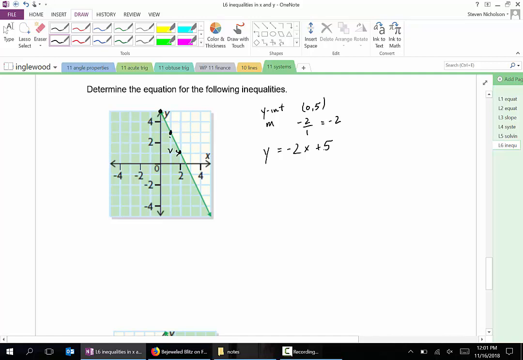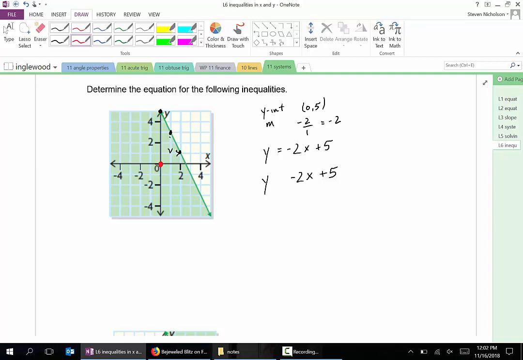Now, here's what we're going to do, similarly to what we just did, going the other way. Now we're going to get rid of the equal sign, and we're simply going to figure out, is that a greater than or a less than? And the way you do that is, just like before, you pick a point in the solution region. And again, then we're going to make sure that this works out to be true.